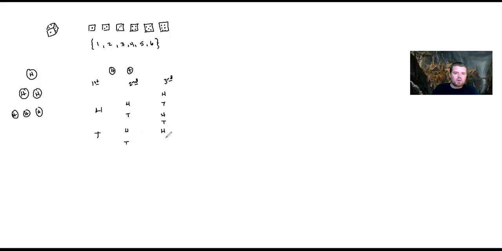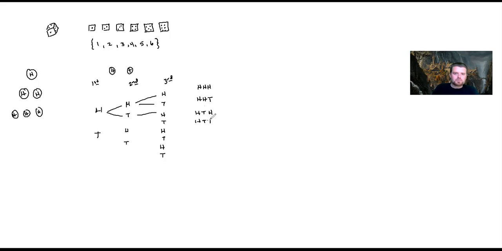By writing all of this out, I can count how many possibilities there are in determining different probability questions. If you need to, you can draw it out. HHH would give me 3 heads. HHT would give me 2 heads and then a tails. HTH would be a heads, then a tails, then a heads, etc.